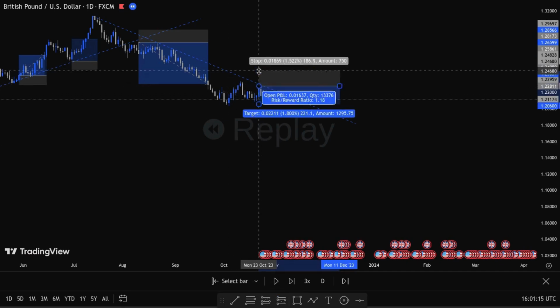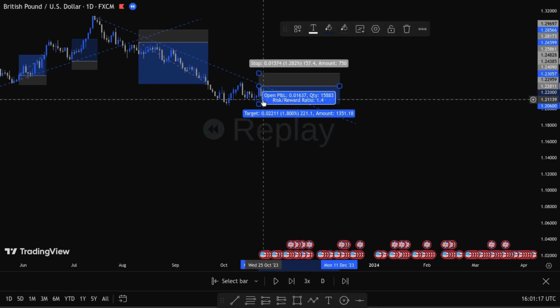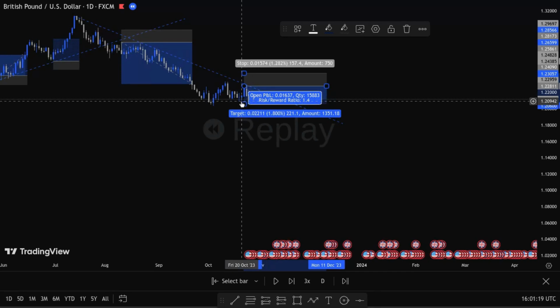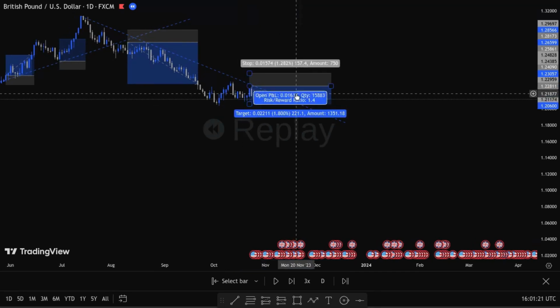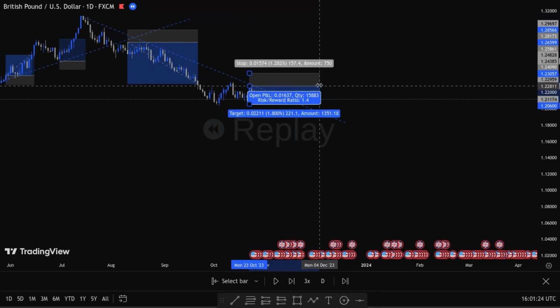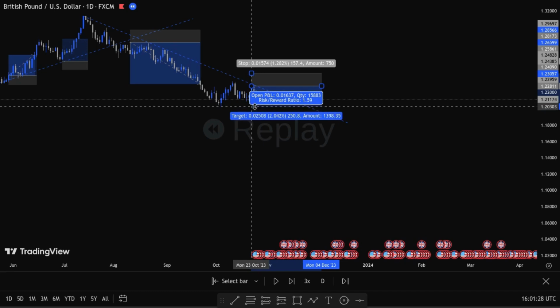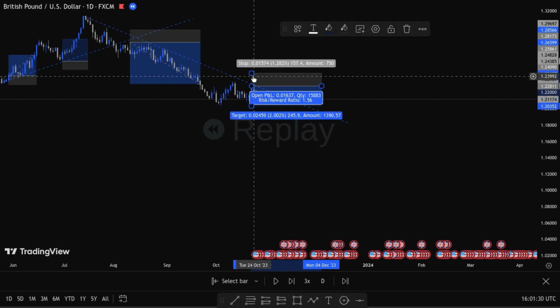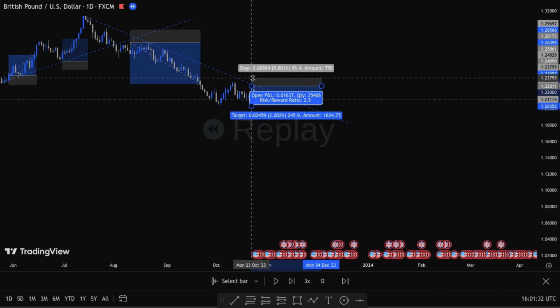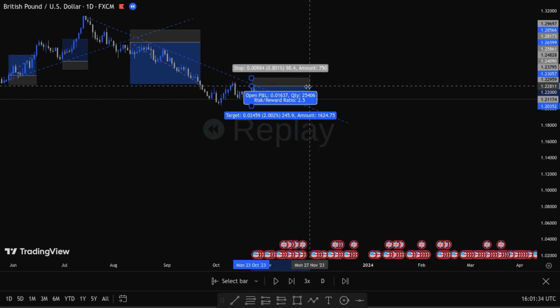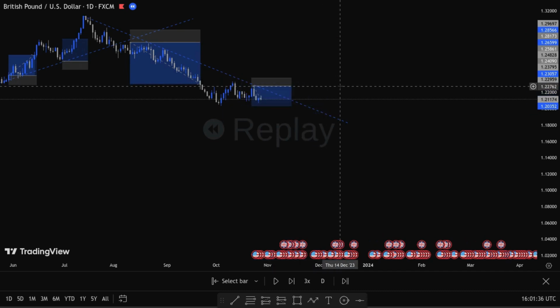When price touches your trendline, put your SL at the previous low. In this case, our previous low is not much, so I will not go below my previous low. It's part of my trading rule. So I can put something like this, put SL around here, right? Then see price reaction.